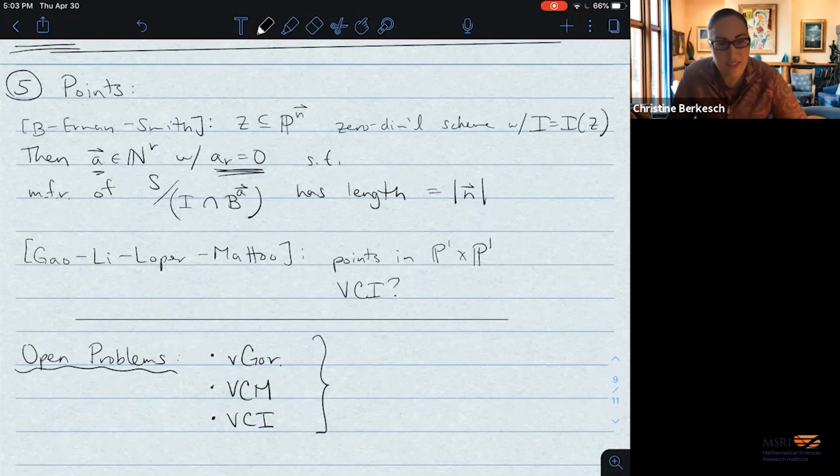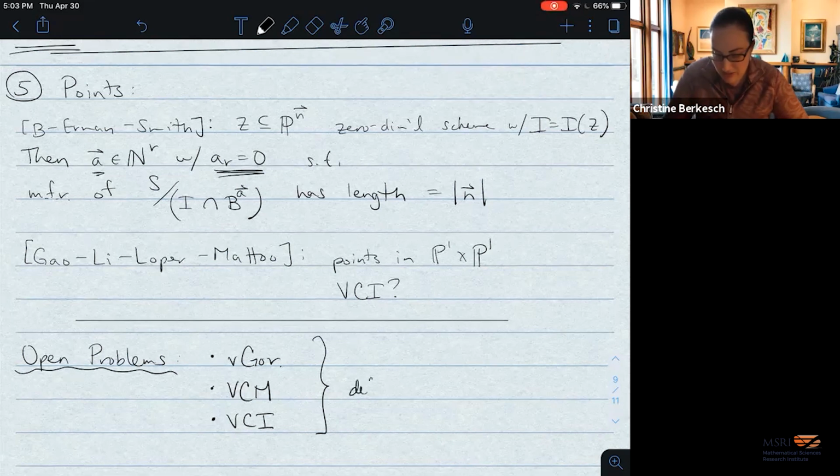Since this world of virtual resolutions is so huge, it's not the same as minimal resolutions where we can go in and just compute it and find out what's happening. There are lots of different ways we could get our hands on them. So not only getting definitions, but also tests to understand what they mean.